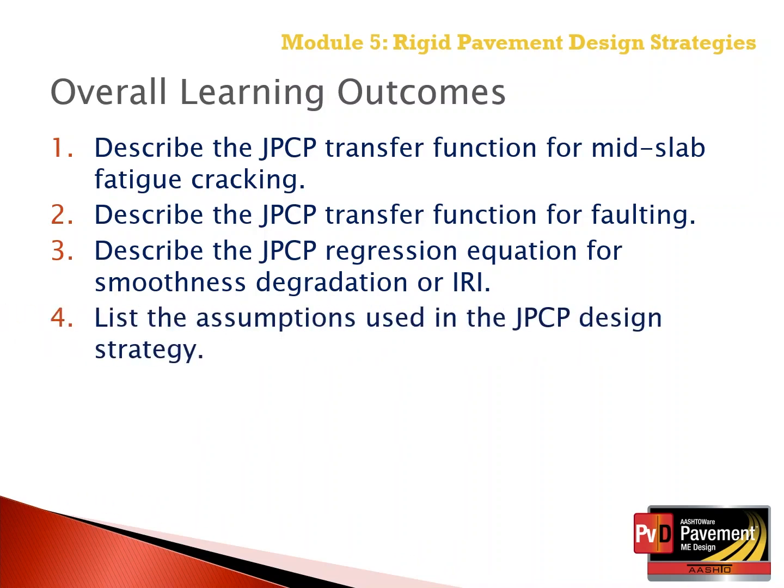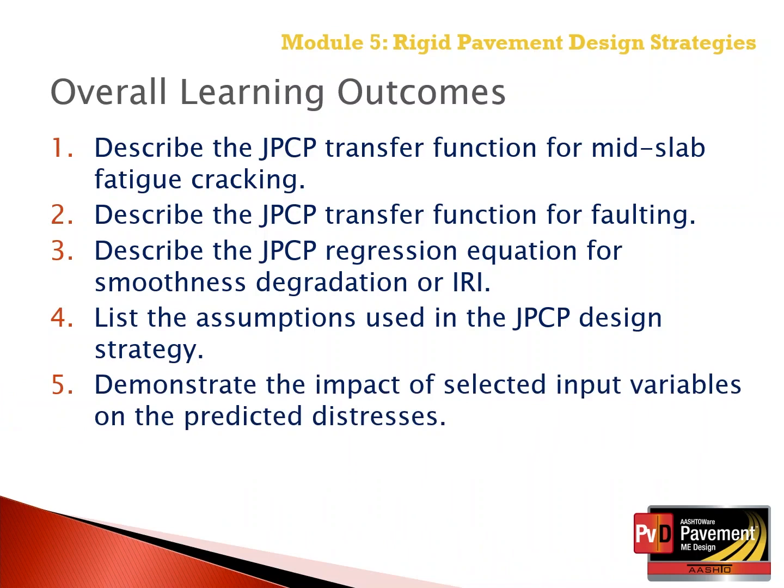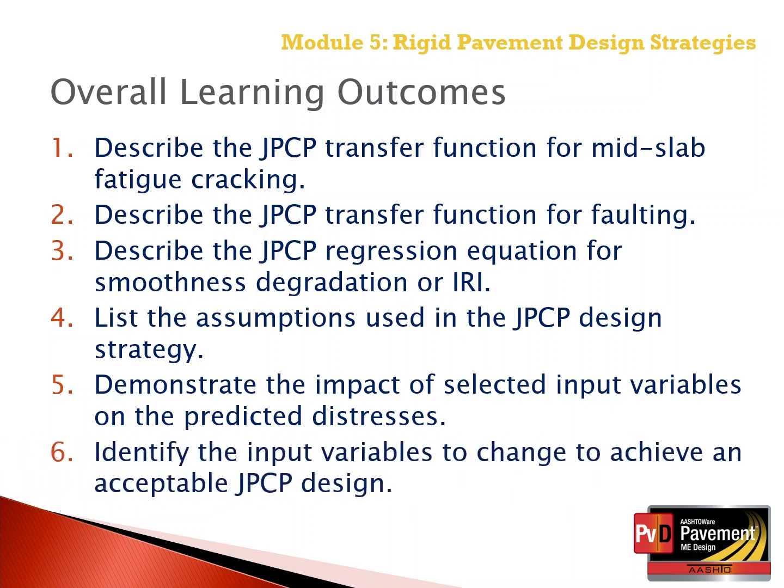The fourth is to list the assumptions used in the JPCP design strategy. The fifth is to demonstrate the impact of selected input variables on the predicted distresses. And the sixth is to identify the input variables or design features to be changed to achieve an acceptable JPCP design.